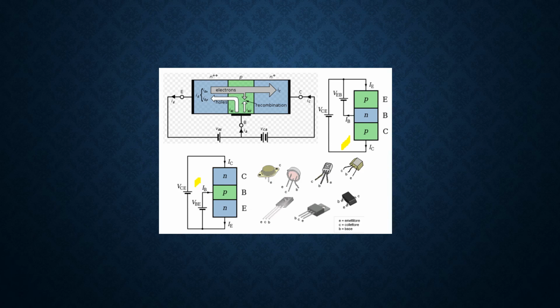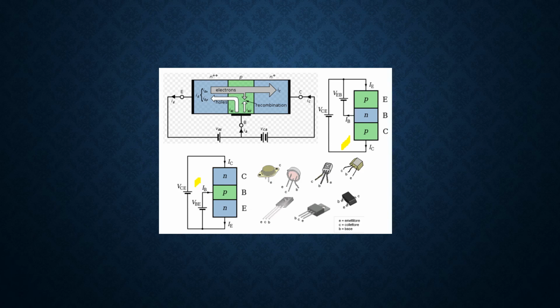And this is the same figure which you have seen in the previous two lectures, in which, because this is an NPN transistor, electrons move from the emitter through the base to the collector.